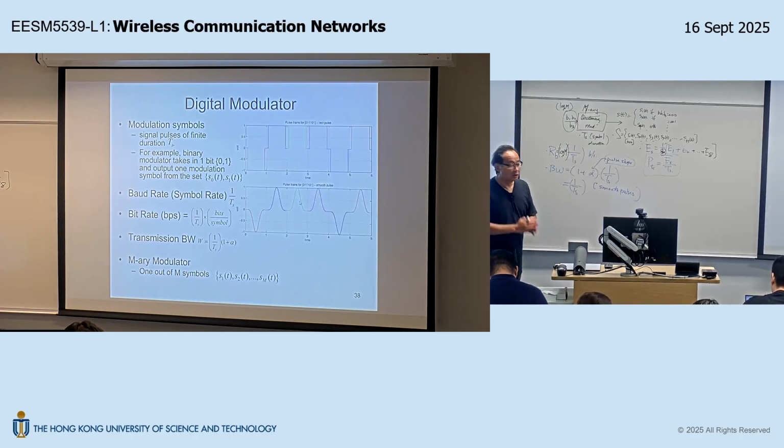With this modification, it seems to suggest that for a fixed bandwidth budget, however small, I can still increase my bit rate to any large level that I like by just using a large M. I can keep on increasing this M to achieve a higher and higher bit rate, right? Without any cost. Right?